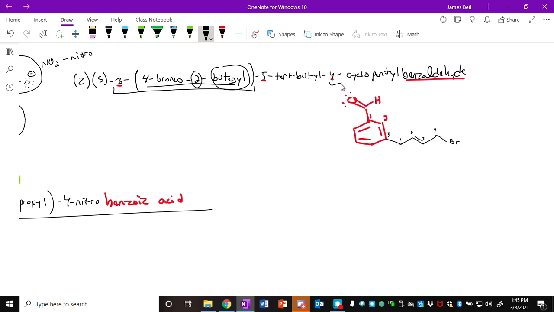On carbon 4 of the parent chain, which would be this one here, it says there's a cyclopentyl. So I draw a cyclopentyl, a ring with 5 carbons. Pent means 5, cyclo means ring. There's no indication of any double bonds there.